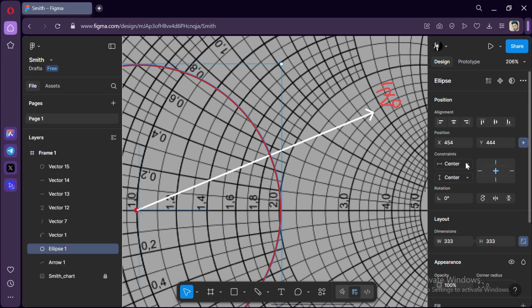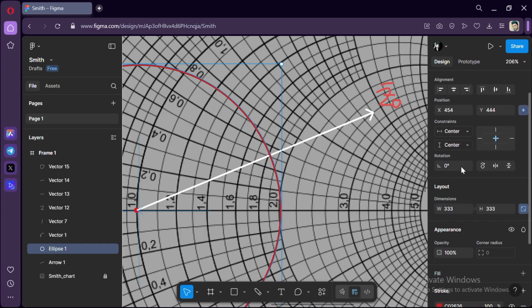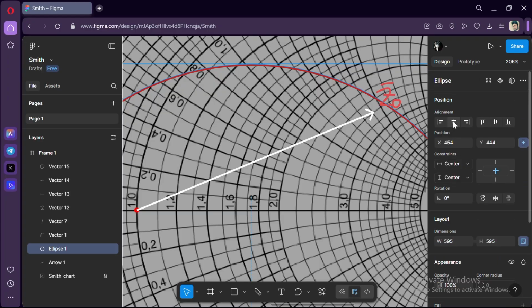The diameter of the circle, 595. Let's align it in the center.